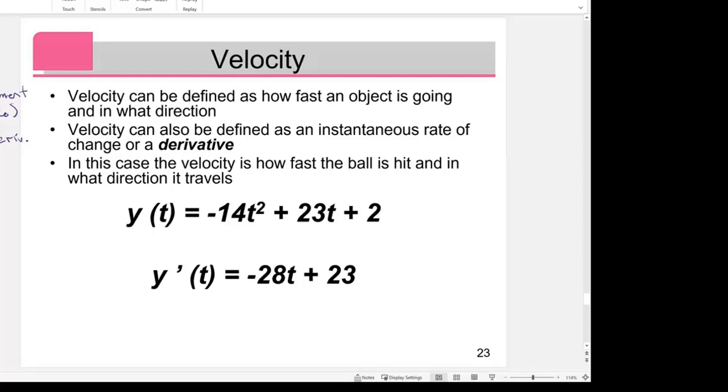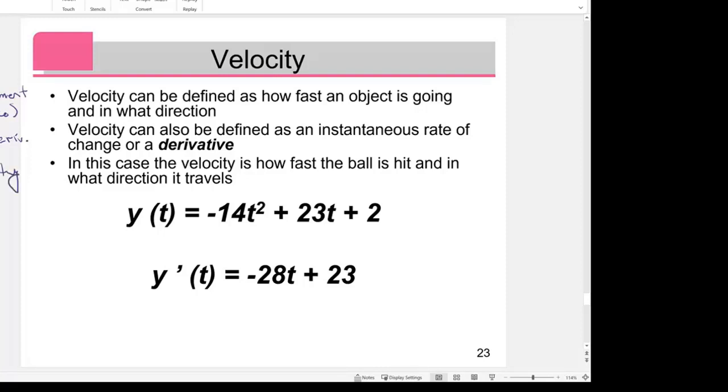Remember, the derivative is the slope of the tangent line, which is y over x. Or if y was miles and x was time, with miles per hour, or feet per minute, or centimeters per second, however you call it, it's still a velocity, okay? So when we take the derivative of the displacement, we get velocity.